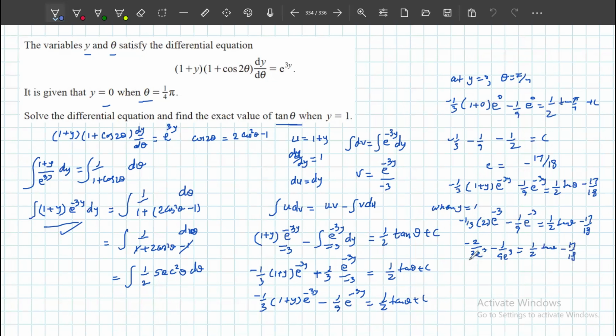As we are looking for tan theta, 1 by 2 tan theta is equal to, if we take 17 over 18 to the other side, 17 over 18 would be plus, and here you can take 1 over e cubed common, so minus 2 over 3 minus 1 over 9 gives me minus 7 over 9, bracket open, 1 over e cubed. And lastly you can say that tan theta is equal to 1 over 9, bracket open, 17 minus 14 e power minus 3.